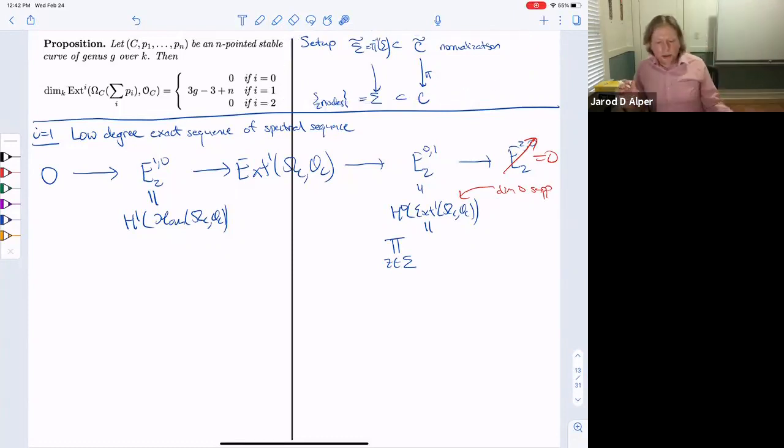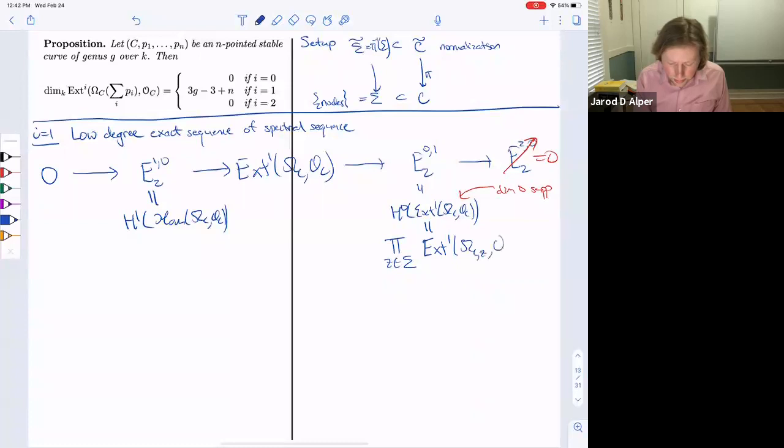Sigma is the set of nodes, sigma tilde is its preimage in the normalization. So if Z is a node, yeah, this is exactly the H0 of Ext^1 of omega_C, O_C localized at Z. Are you with me so far?